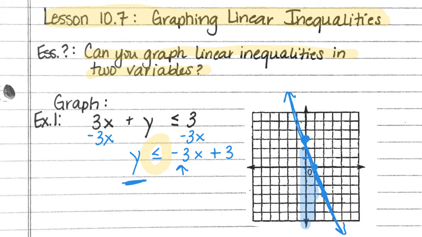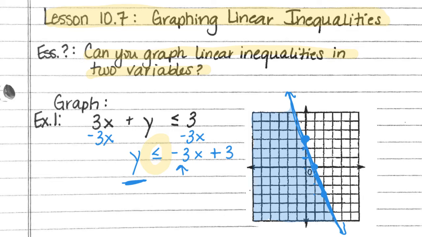So I'm going to graph everything underneath the line. We solve for y, so we only look at the y. I'm going to stay on my graph here for you, and we're going to go ahead and graph everything on the y. So we solve everything for y to make it easy to see how to graph.